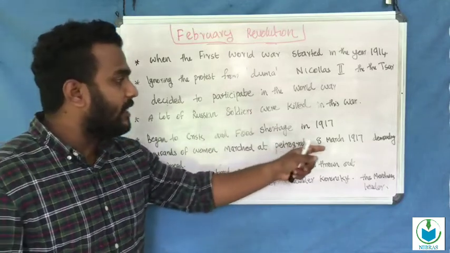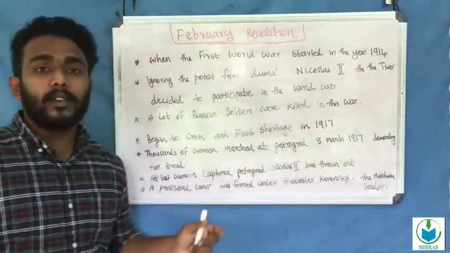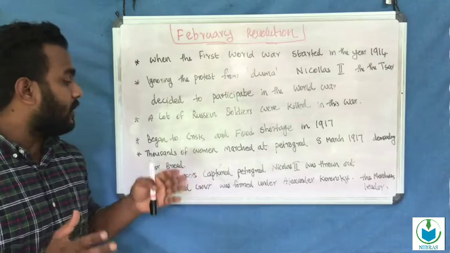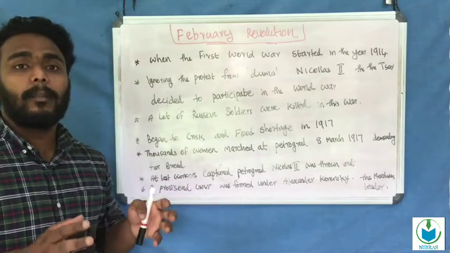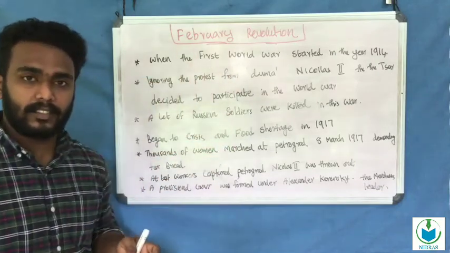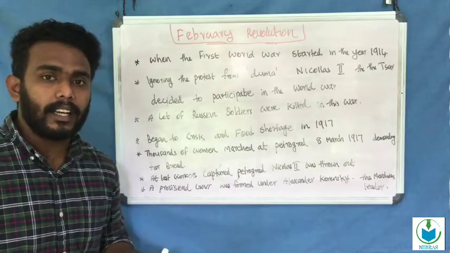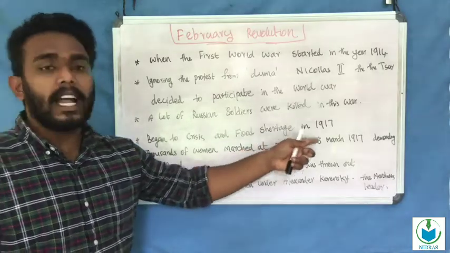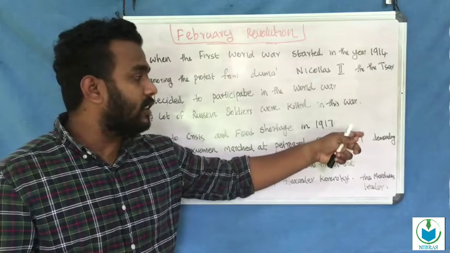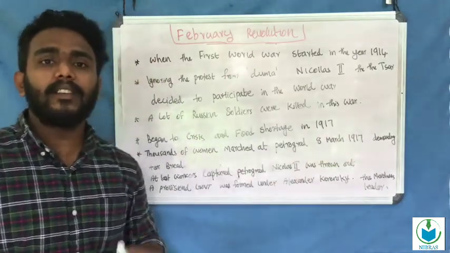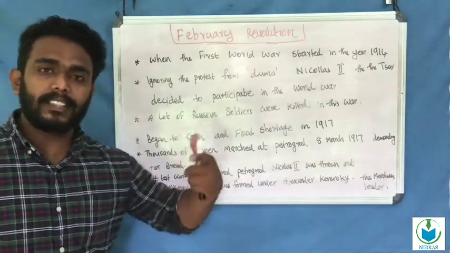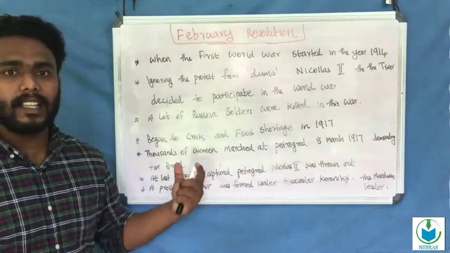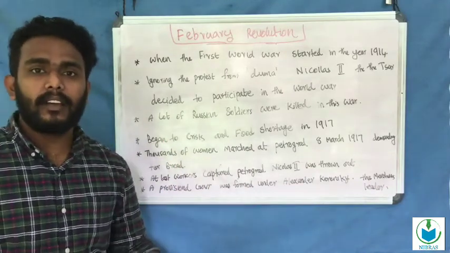On 8th March 1917, thousands of women and workers marched to Petrograd, demanding bread. Bread means food, because Russia was in a food crisis.